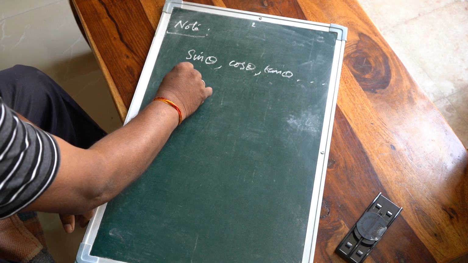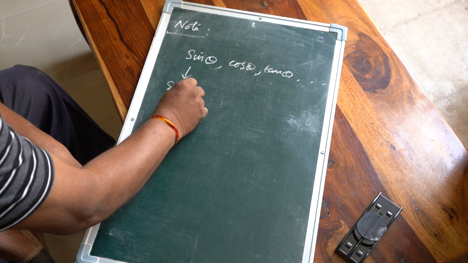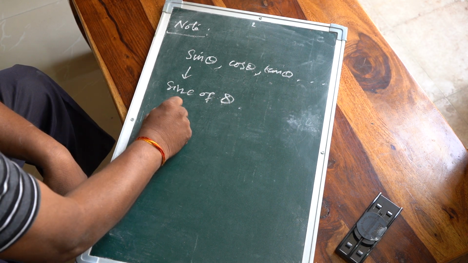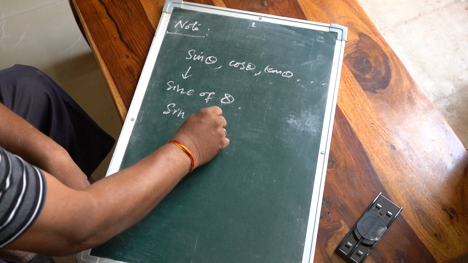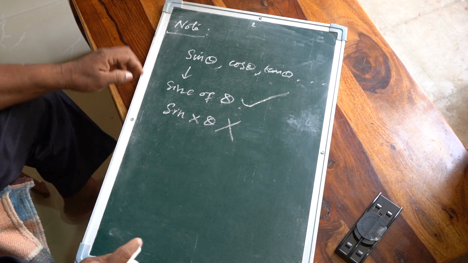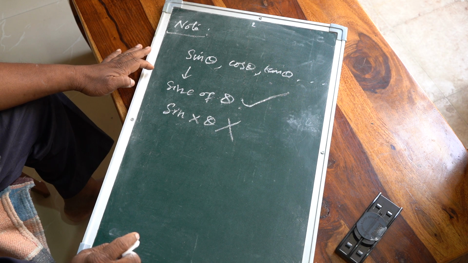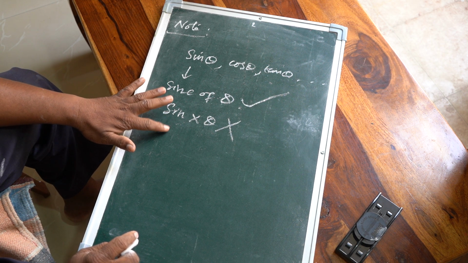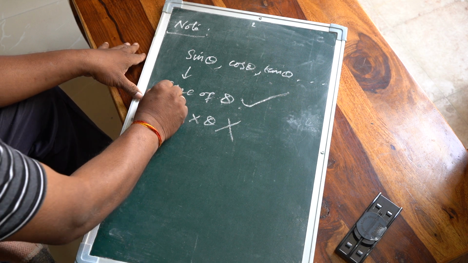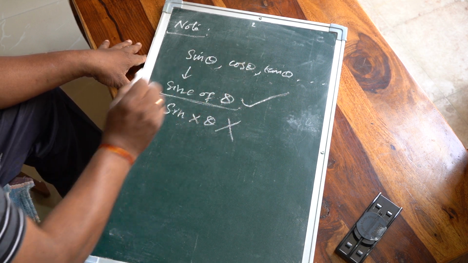So this means sin of theta, it is not sin into theta. Sin into theta is wrong. It is not a product, it is sin of theta. You keep that in mind.